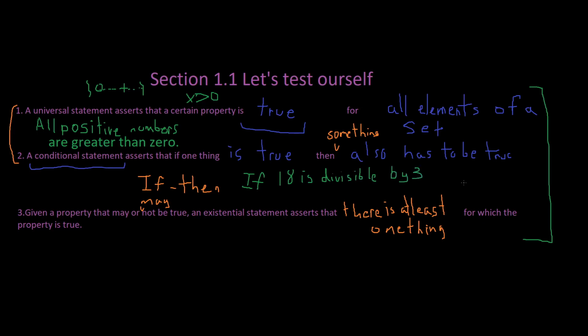So if this is divided by 3, what number does that give us? 6, right? Alright, so just keep that in mind. Then 18 is divisible by, so let's say 6 first here. Let me erase that.